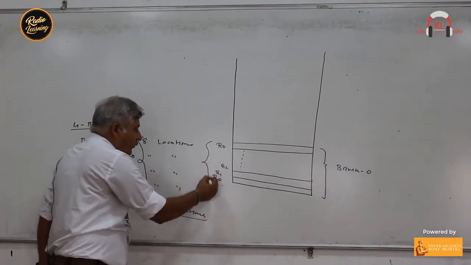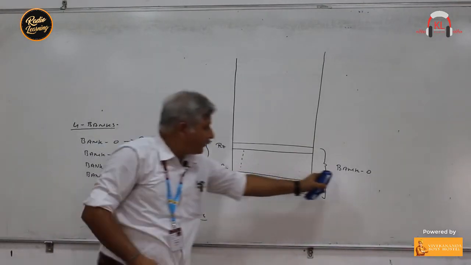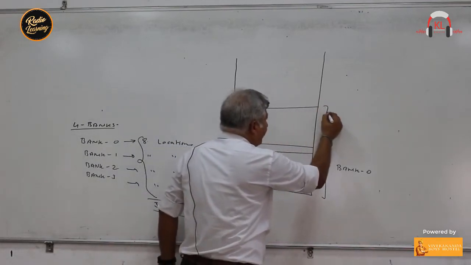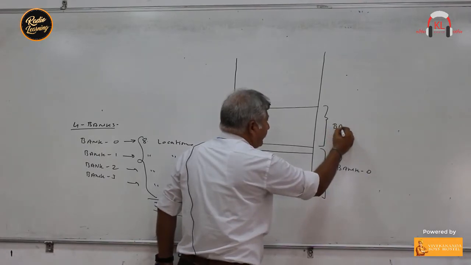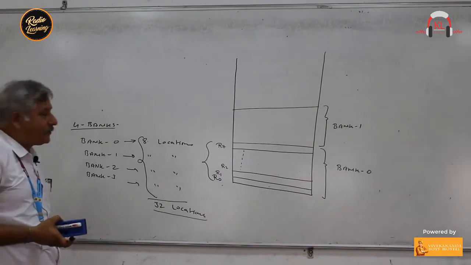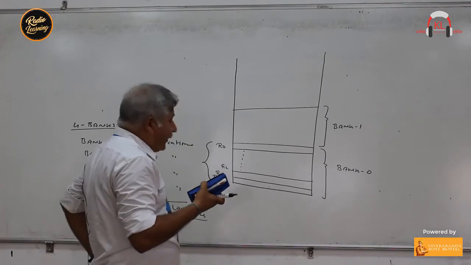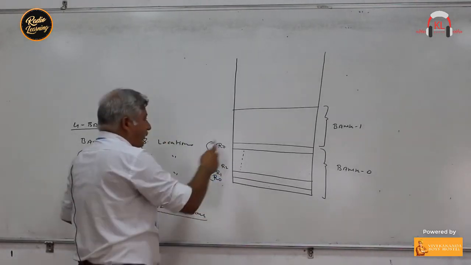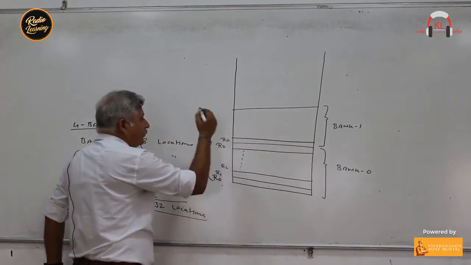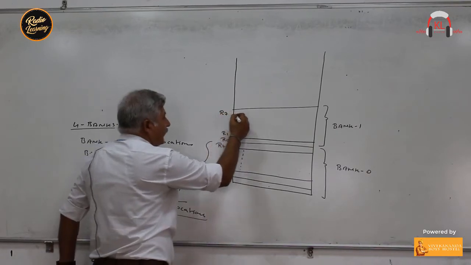So R0 to R7, these 8 registers are part of bank 0. Then bank 1 will start. Again in bank 1 we have 8 registers. What are the names of those registers? The names are the same. The first register of bank 1 will have the name R0, then R1. In this way, the last register will have the name R7.